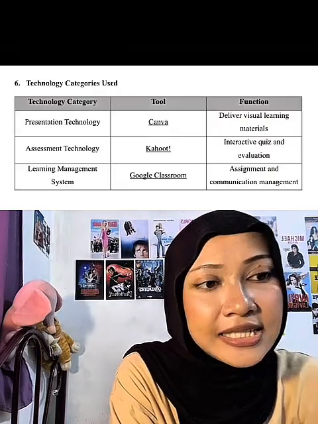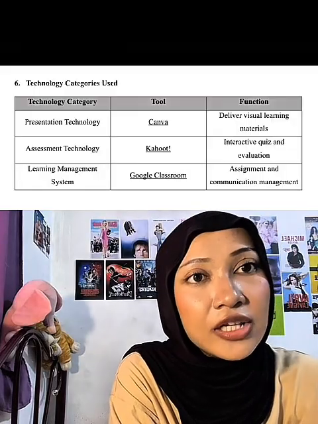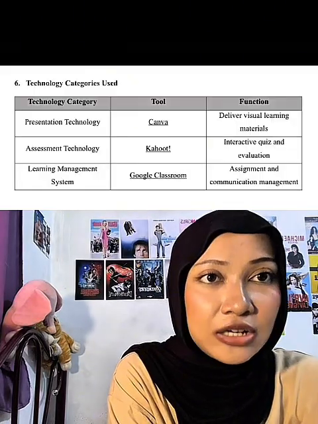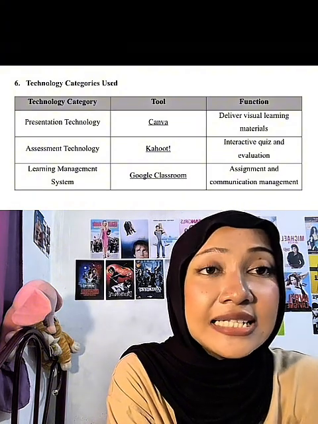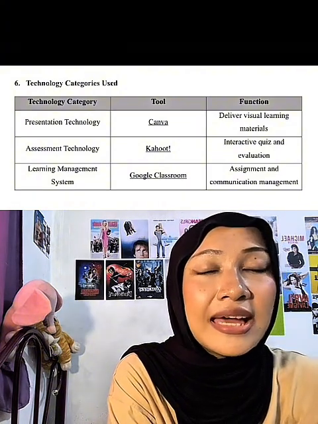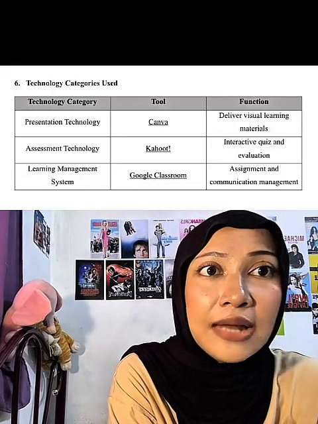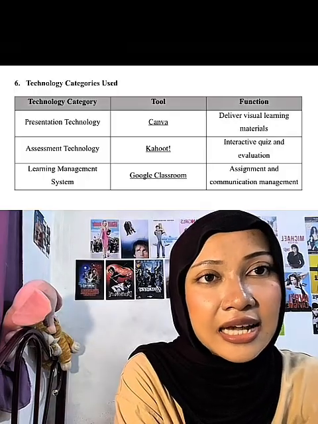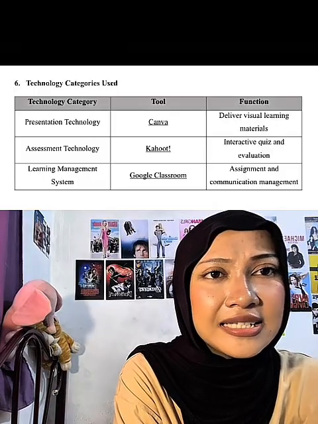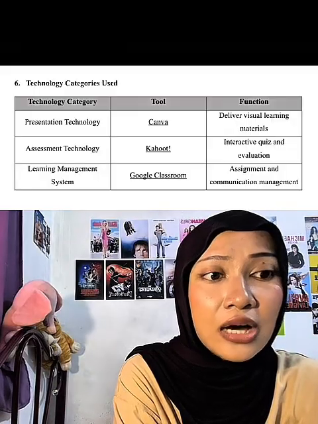And then in this lesson plan, I use 3 categories of technology. So the first technology is presentation technology through Canva. And then this tool helps me to make explanation clearer, more visual, and more attractive for students. And then the second category is assessment technology using Kahoot.